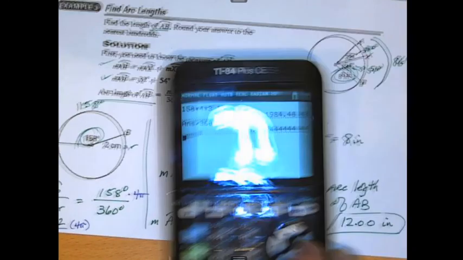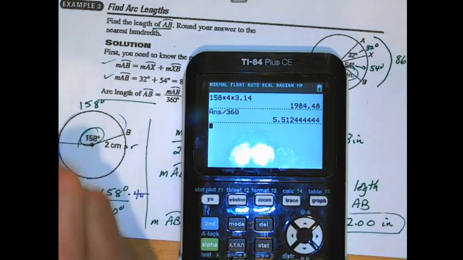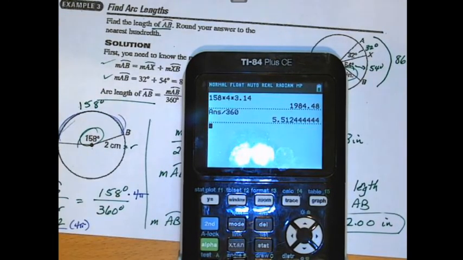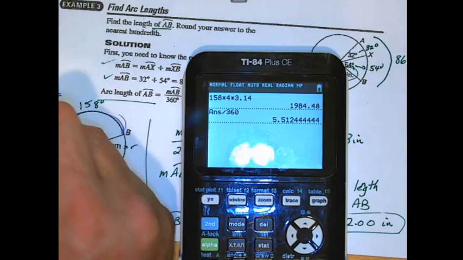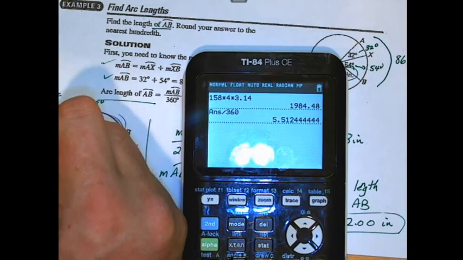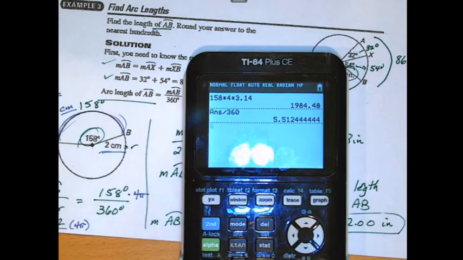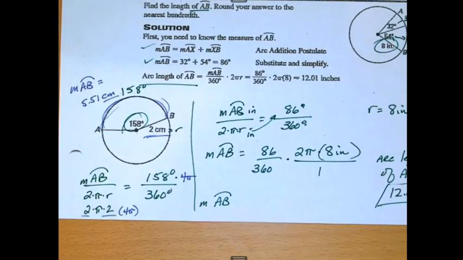So the measure of arc AB is going to be 5.51 centimeters. Questions, comments? I guess you can't ask me.